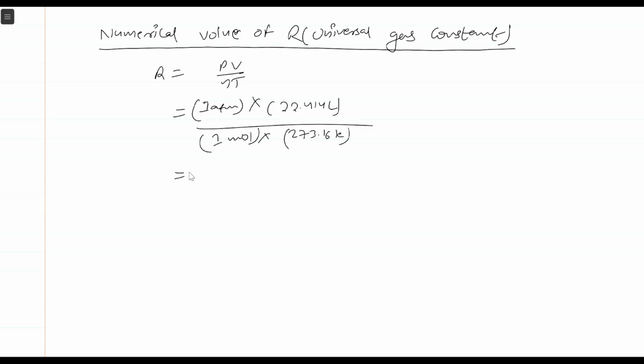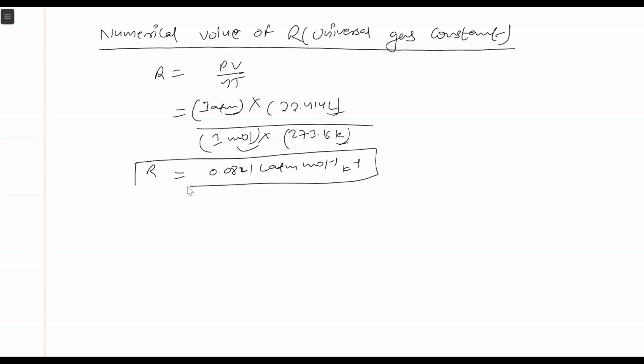And if we calculate it, then we get a constant value that is 0.0821 liter atmosphere per mole per Kelvin. So we get this value. This is the value of R. Now in numerical problems, we might see different unit systems.